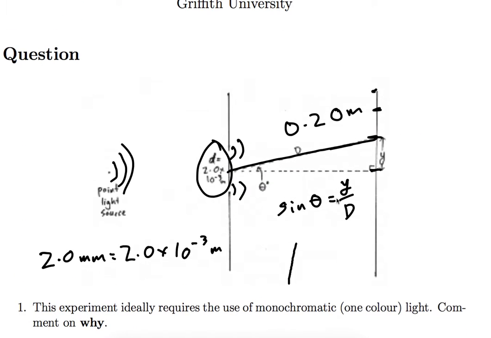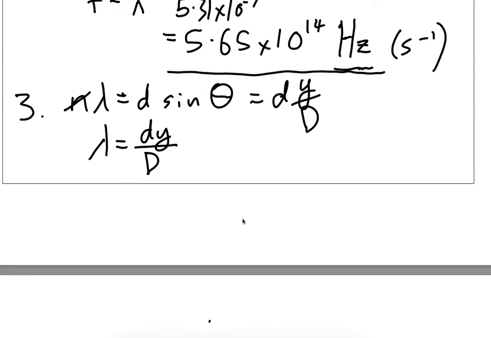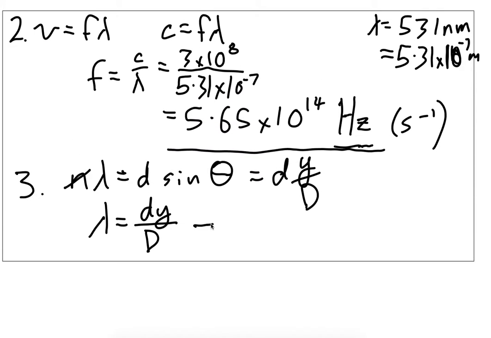If we go up to our diagram again, we're interested in the distance y between straight ahead, in other words the 0th bright band, the central bright band, and the first bright band above it. So that's the distance we're interested in, is y. So we'll rearrange this to make y the subject.